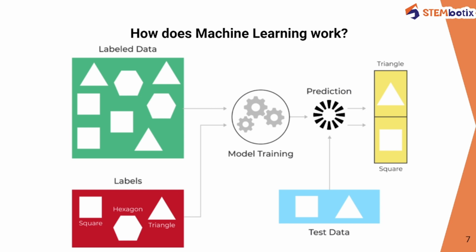Now, talking about model training, feed the model with the labeled training data, allowing it to learn the patterns and relationships between the inputs and outputs. The model adjusts its parameters to minimize the difference between its predictions and the actual labels. So that is how the model is going to train.